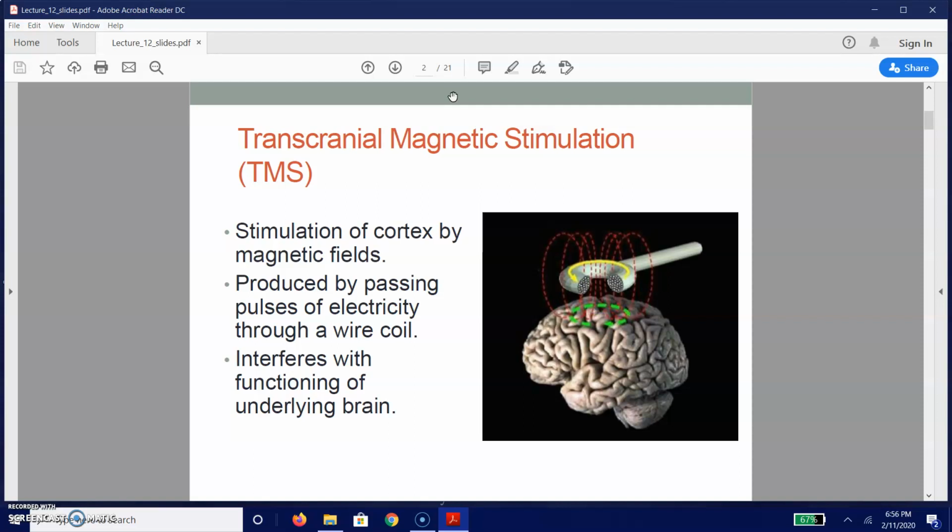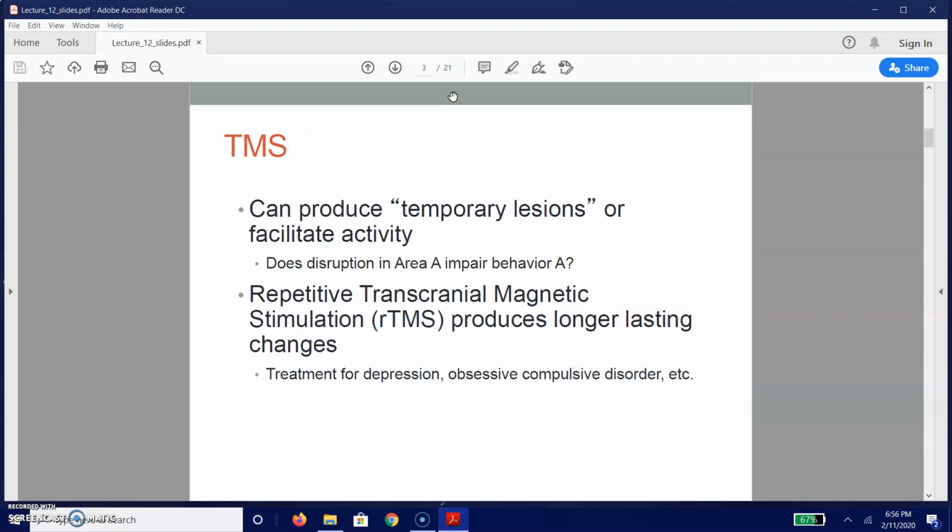And typically, what we will find is that you will have very characteristic muscle twitches or speech arrest, depending on where this is applied. So what's kind of cool about TMS is that it does produce temporary lesions, or it can facilitate activity. So if you want to determine if an area is really important for a particular cognitive process or task, you can do something like this.